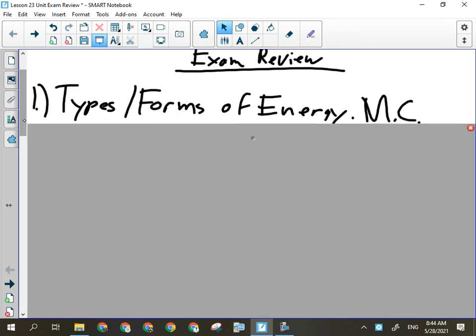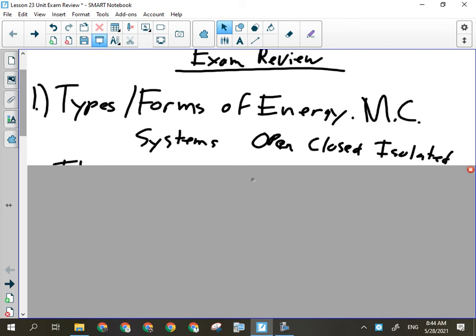Then we've got systems. We talked about three types of systems: open systems, closed systems, and isolated systems. Quick review. An open system can exchange matter and energy with its surroundings. So right now we are an open system, each and every one of us, because we're exchanging matter, gases, whatever, and energy.